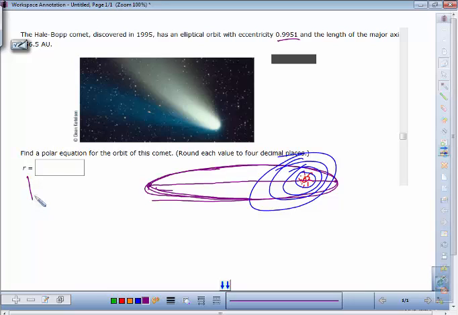So we know our polar coordinate function would look something like this. It's E times D, was it? Divided by 1 plus or minus E cosine theta. So let's use the plus side, and then we'll designate the directrix on the other side of the axis.